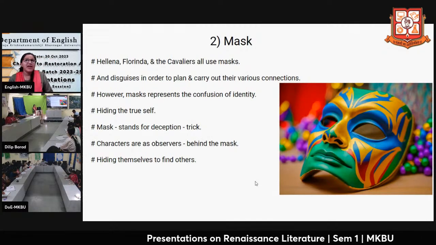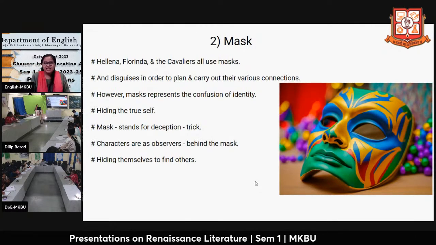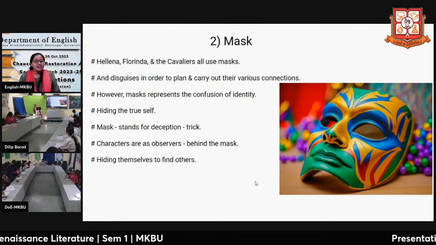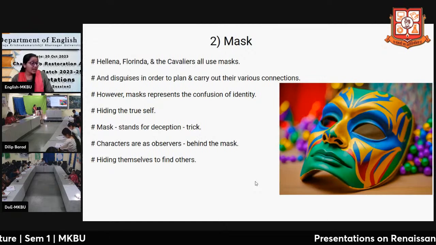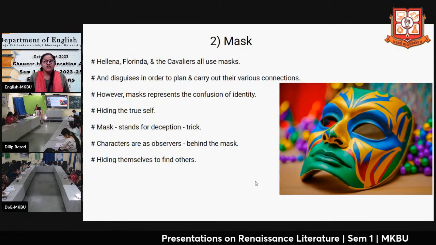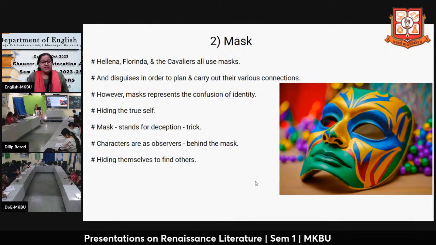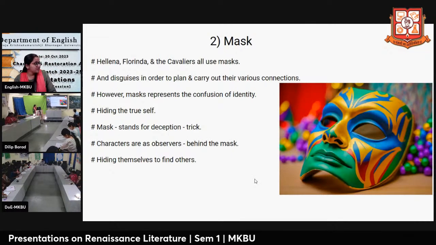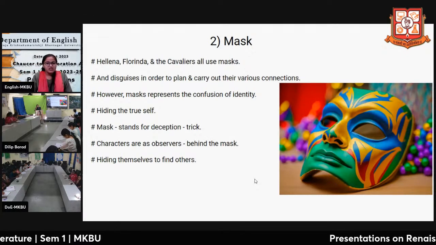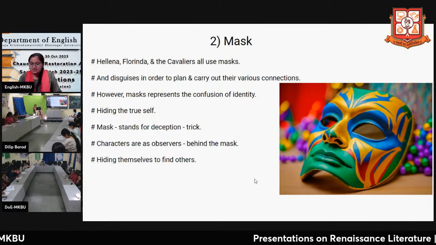By wearing the mask, they are hiding their true self, meaning true identity, and the mask stands here for deception, which is one kind of trick used here. Characters are observers behind the mask, hiding themselves to find others. This is about the mask.